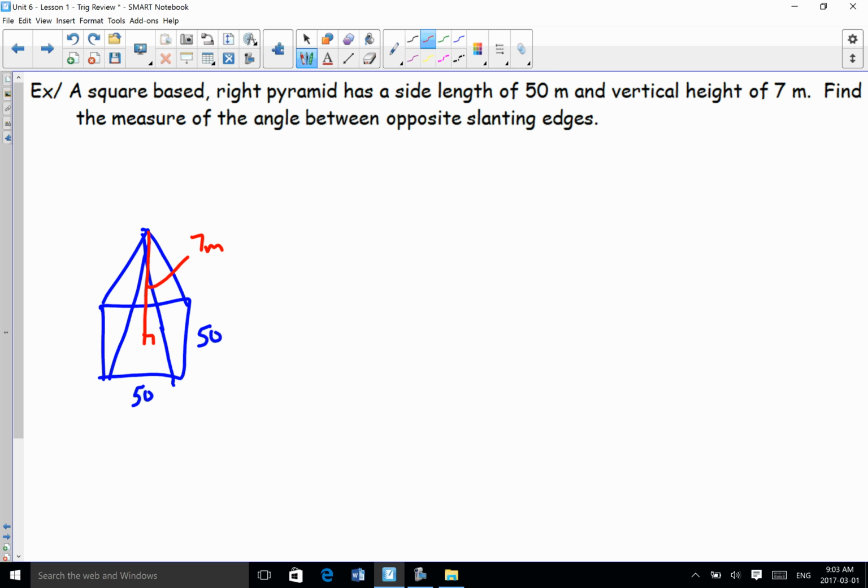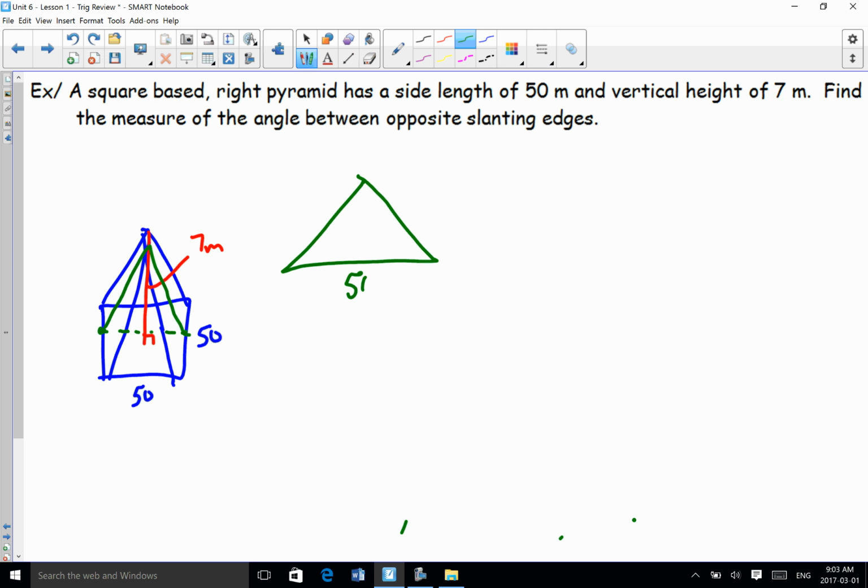So let's take a cross section of this, if you will. If I were to go from here up to the point and then back down the other side, I'd get a cross section right through that pyramid. It'd look kind of like this. I know it's 50 across the middle. I know it's 7 down here. And I really want to figure out the angle up here.